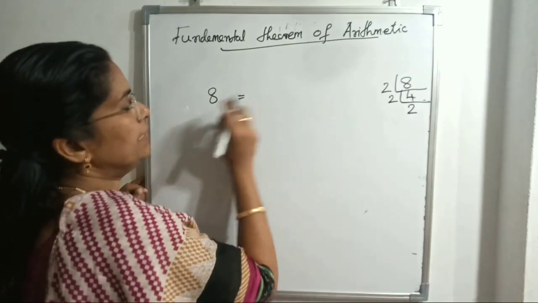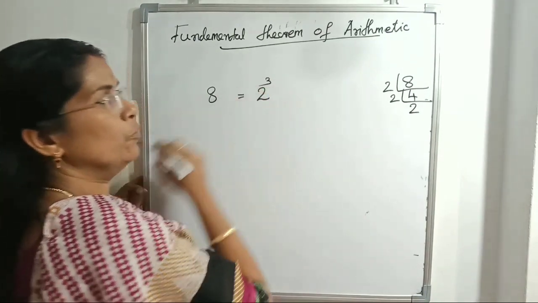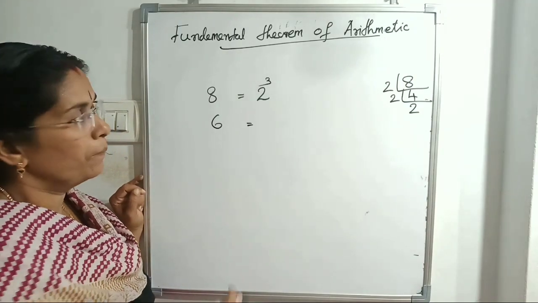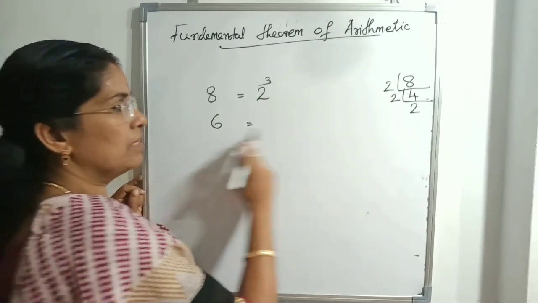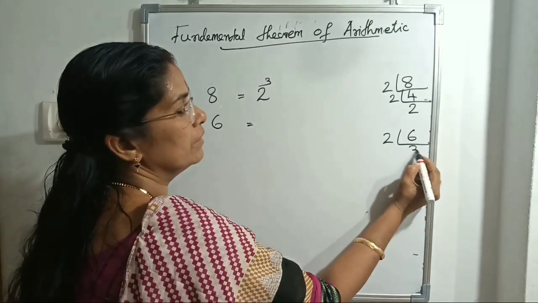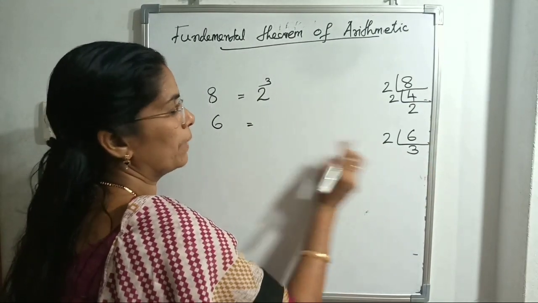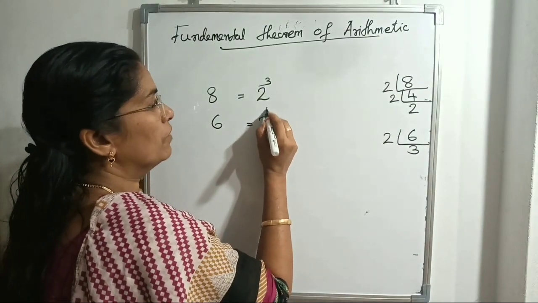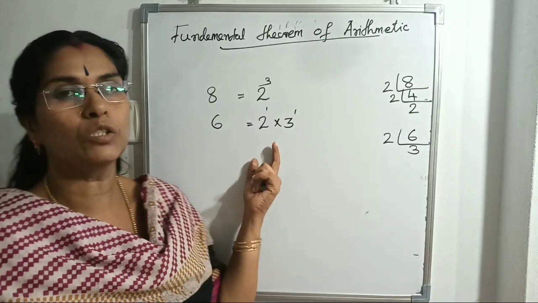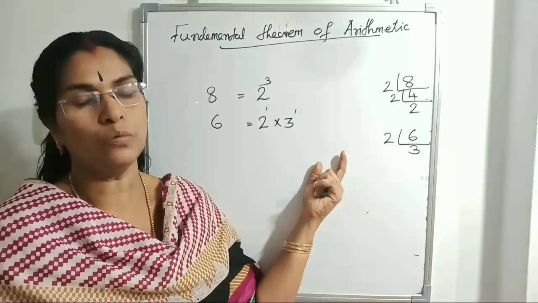So 8 can be written as 2 cube. Like this. Can you write 6 as a product of prime numbers? 6, we can do the prime factorization. First divide with 2, then 3. So 2 and 3 are both prime numbers. 2's power is 1 and 3's power is also 1. So 6 we can write as 2 raised to 1 into 3 raised to 1.